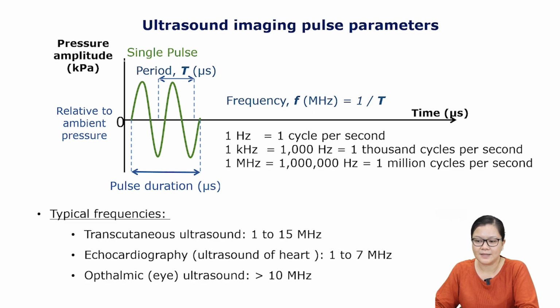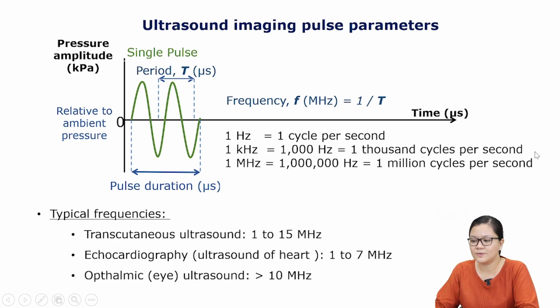So a period can be as small as ones of microseconds. Also, we notice that there are 2 cycles. So 2 cycles of the ultrasound pulse have a certain duration, defined by the pulse duration. And one over the period of the pulse is known as the frequency, and typically we use megahertz frequencies.